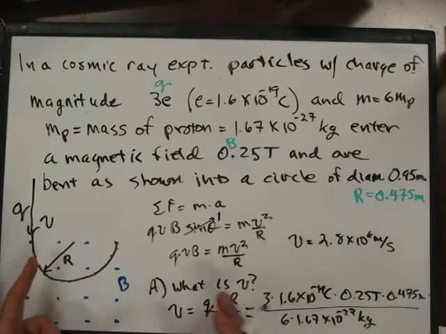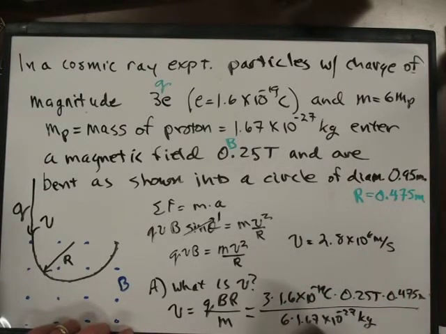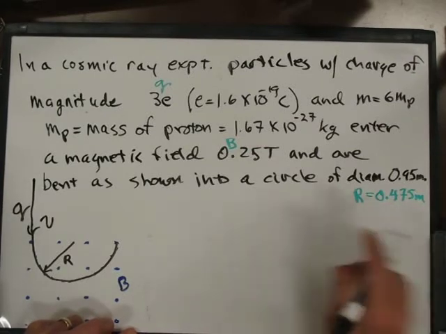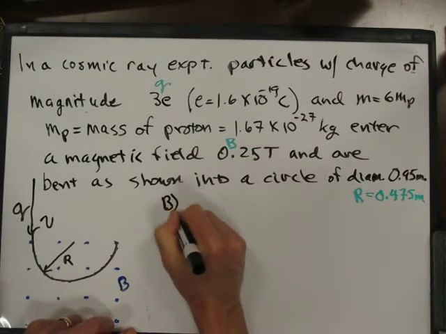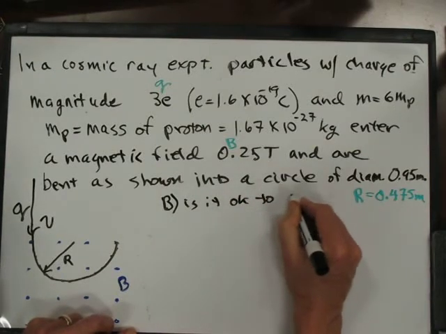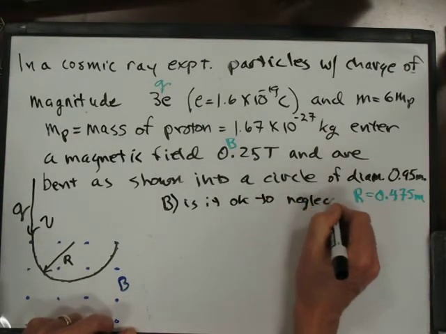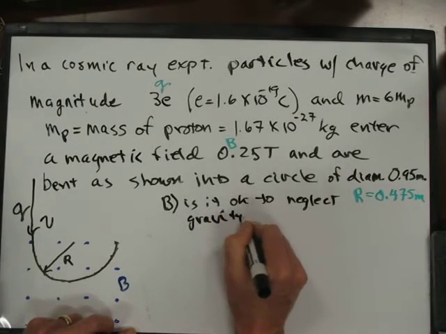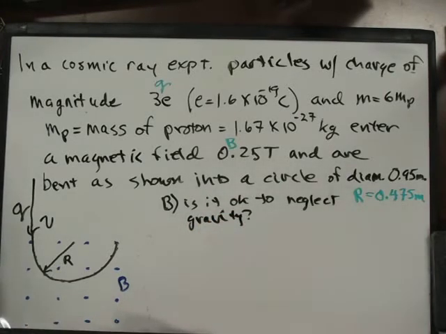Now, one of the things about this experiment, which we were doing with electric charges also, is part B, which says: is it okay to neglect gravity? If these are cosmic rays coming down from space, maybe this is the downward direction.